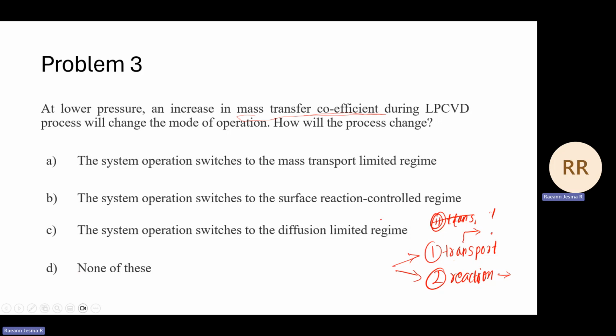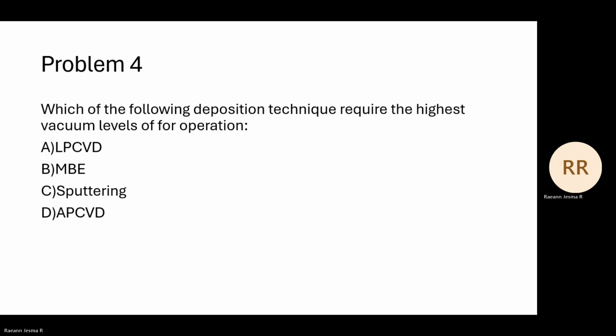So the answer will be option B. It will switch to the surface reaction control regime. It is not option one because it is already mentioned that you are increasing the mass transfer coefficient, so it is not limited by mass. And diffusion is the same as mass transfer. So the answer is option B.